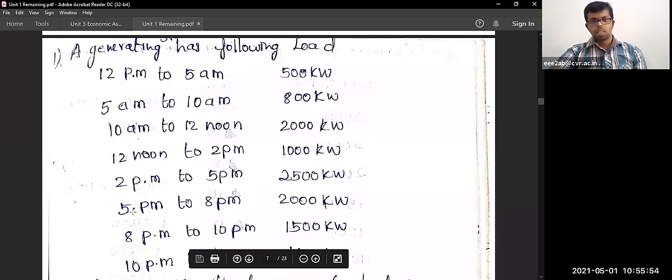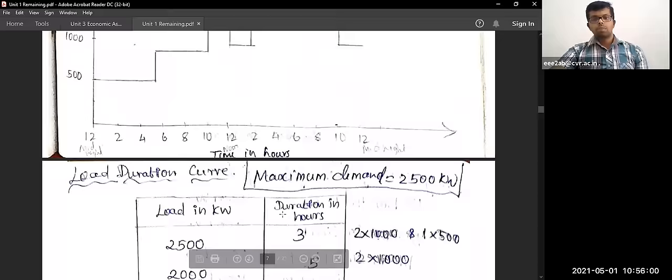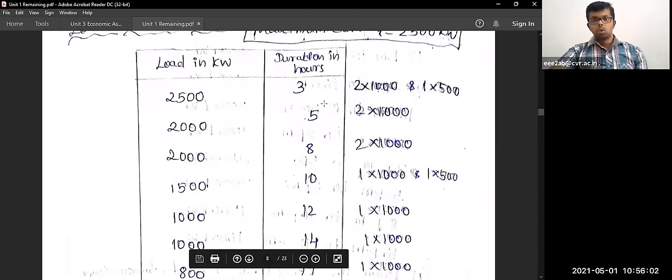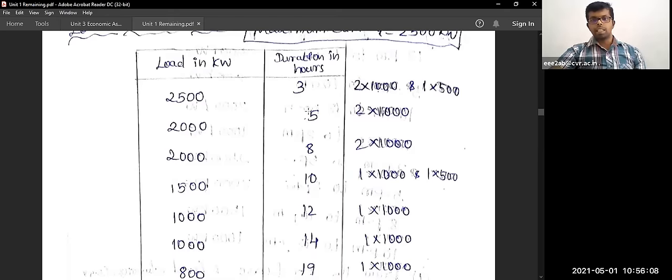Again, one more 2000 is there, 5 to 8, that is 3 hours. So 3 plus 2 is 5, and you can write 5 here. Again, 2000 remains for 3 more hours.